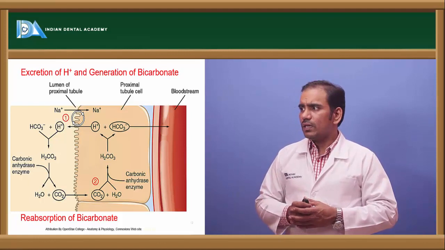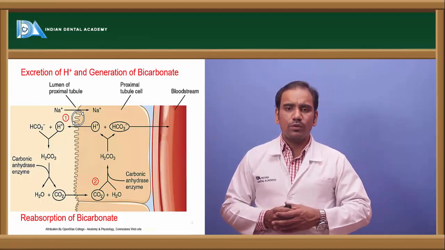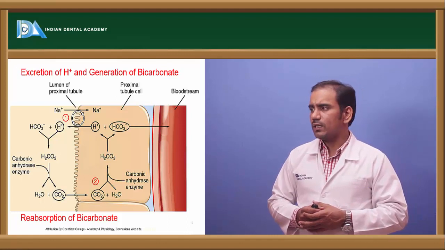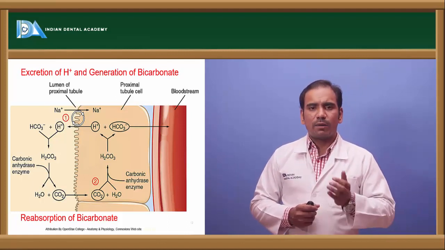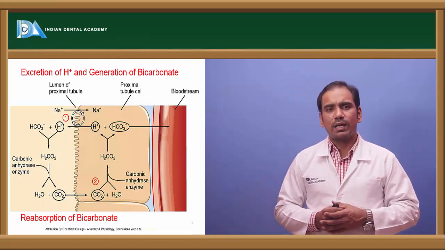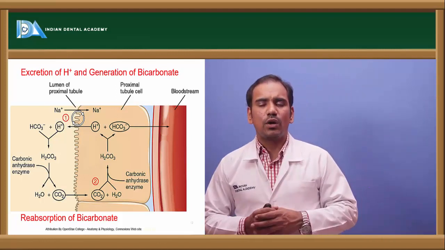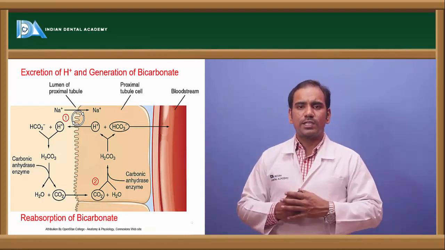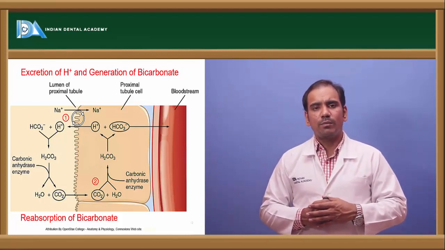In excretion, H plus ions are excreted. So when you see the proximal tubular cell, the PCT cell, what happens there? Carbon dioxide and water react in the presence of the enzyme carbonic anhydrase, and that is converted to carbonic acid. Right? That carbonic acid is dissociated into H plus ion and HCO3 minus, bicarbonate.